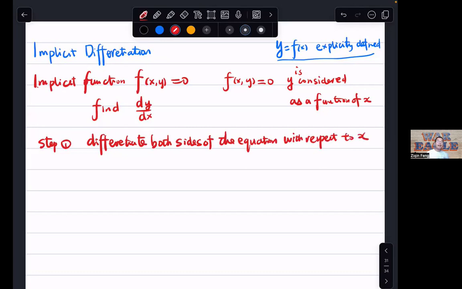Consider x to be the independent variable, then differentiate about x. If you have y in there, just write down dy over dx, because that's something we are looking for.